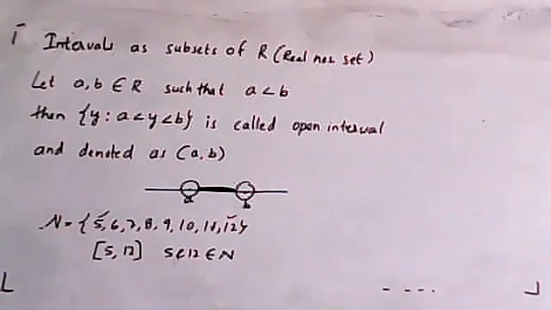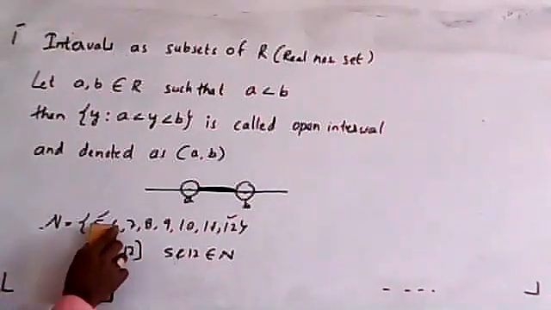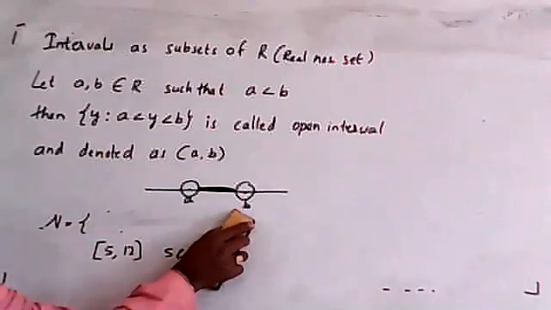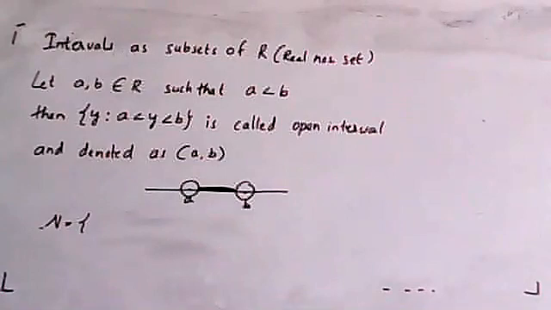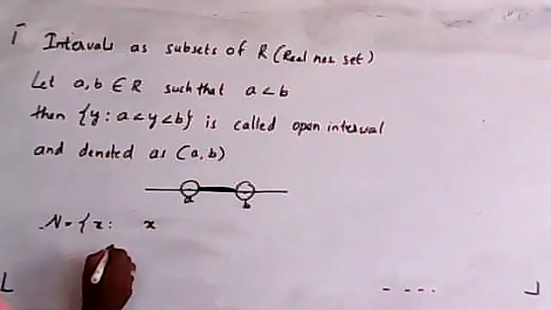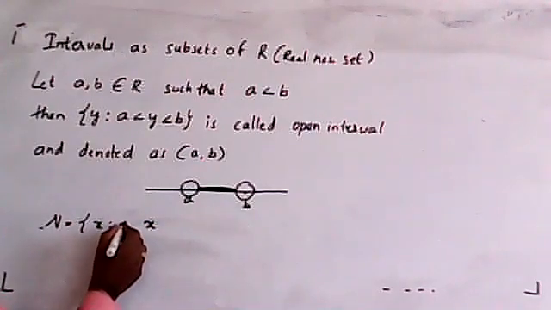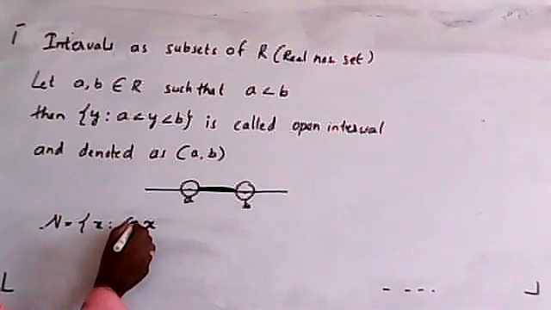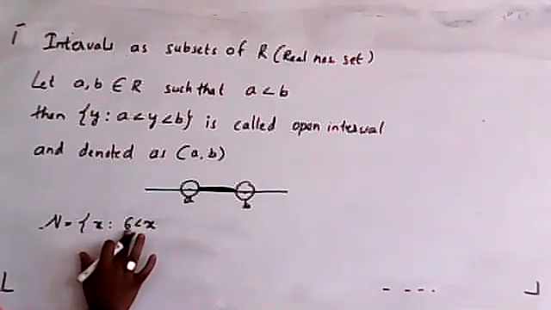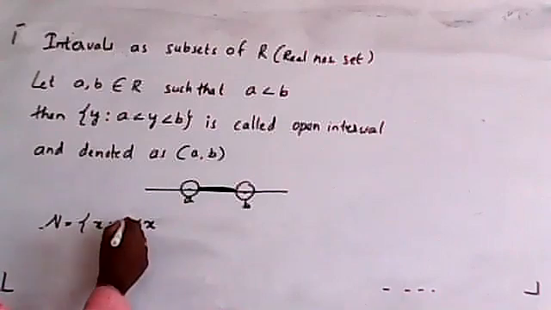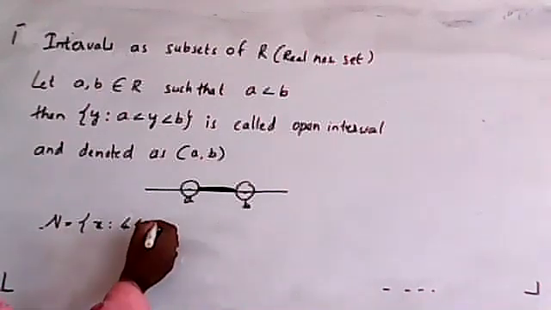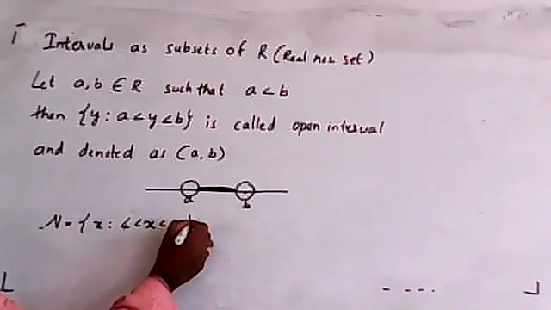If I'm not including 5 and 12, then the question arises. Let me give it for the open interval. Suppose I'm not including 5 and 12. I will tell that there is a set of elements x such that 4 is less than x is less than 13.